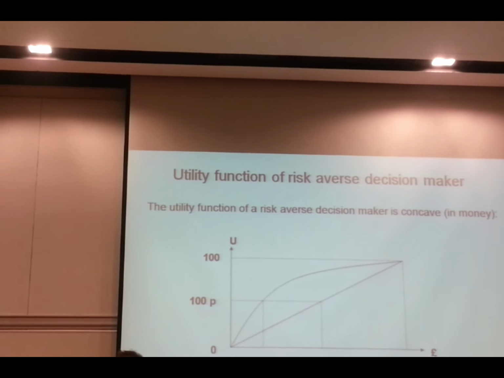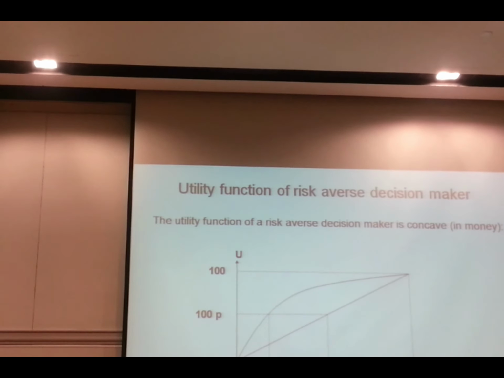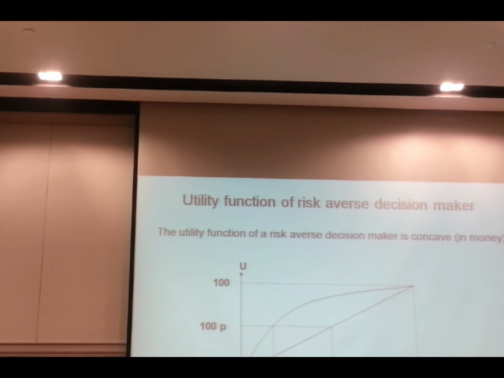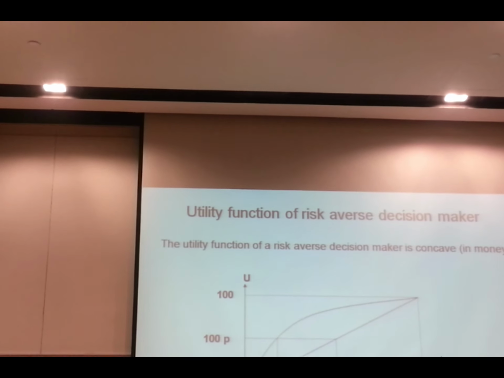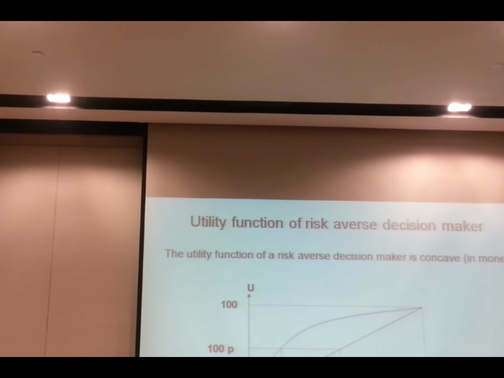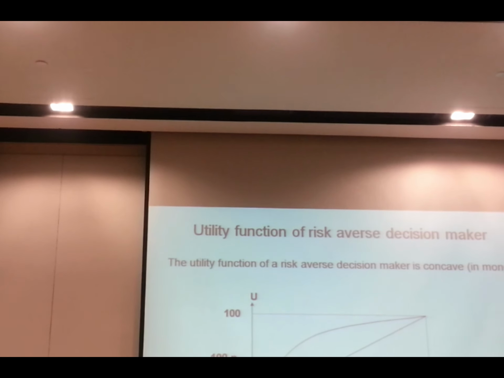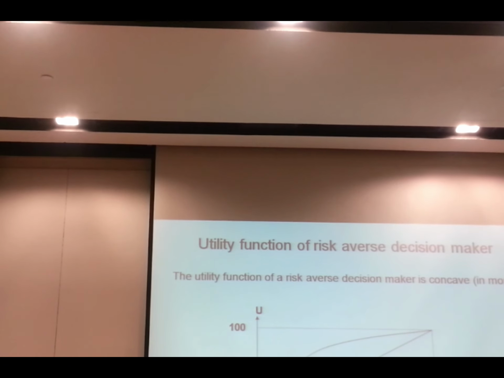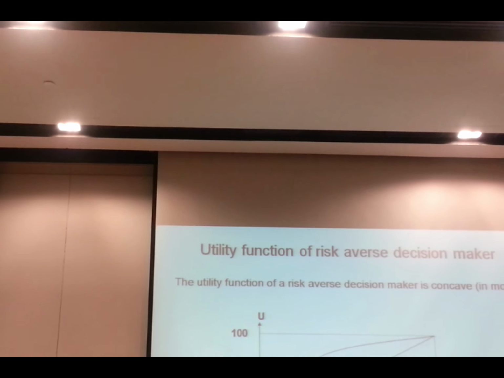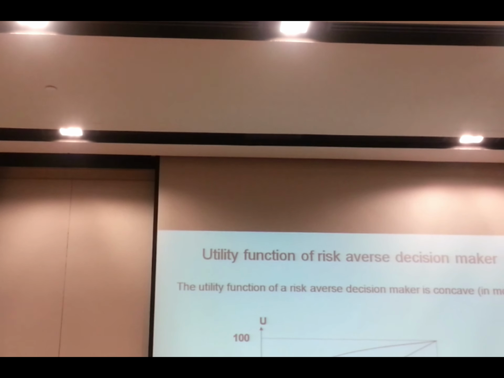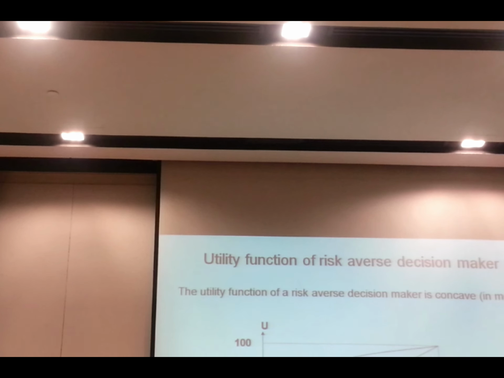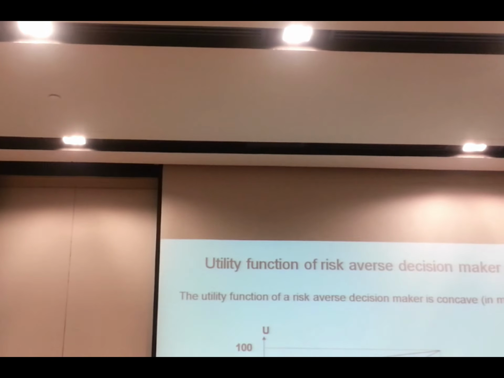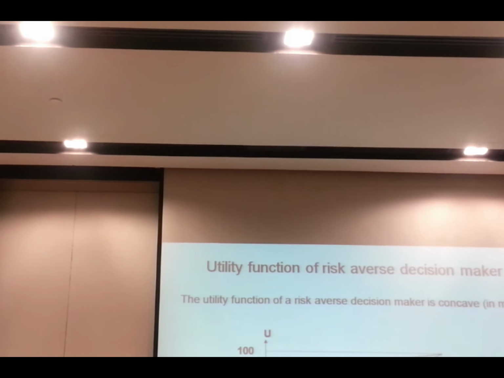If you have 190 pounds and someone gives you an extra 10 pounds, the extra utility is fairly small, because the slope at the very end is going to be fairly flat. So an additional 10 pounds is not going to make much difference if you already have a large endowment. If you have a small endowment, 10 pounds is going to make a lot of difference.